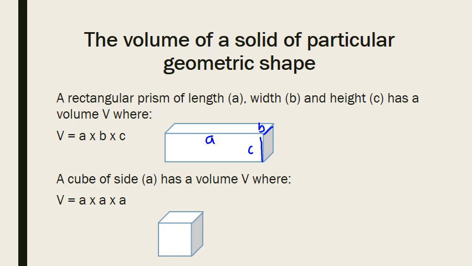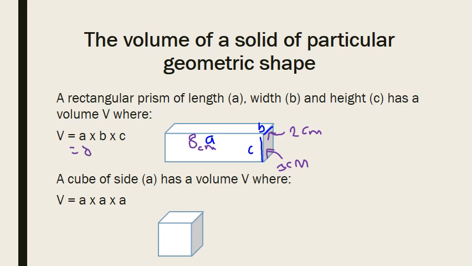So if we have something like here, we've got 8 centimeters, and here we've got something like 2 centimeters. This one B is 2 centimeters, and here we've got 3 centimeters. What we do is V equals A times B times C. We'll always write the equation.